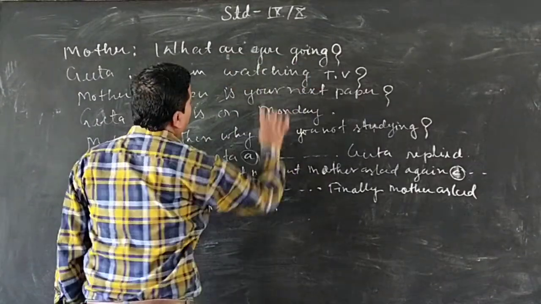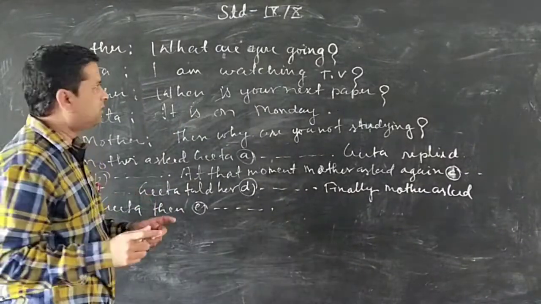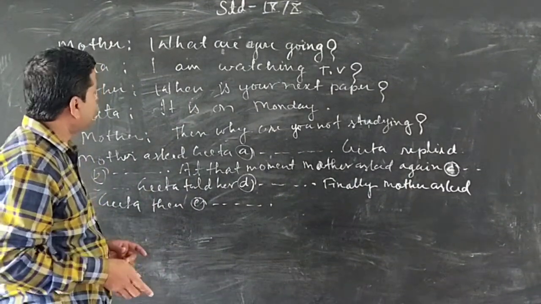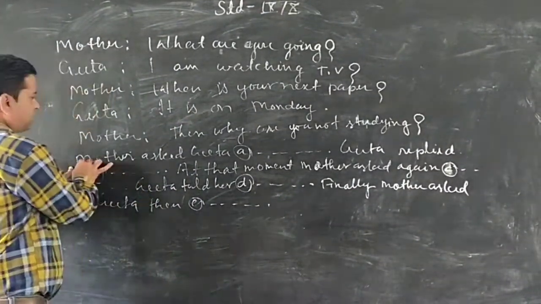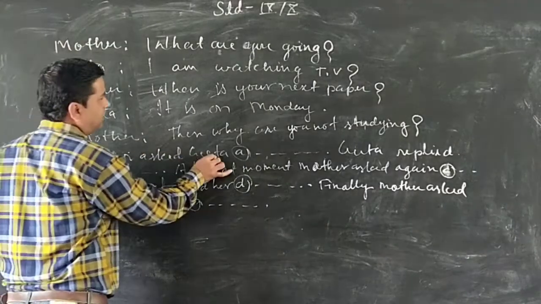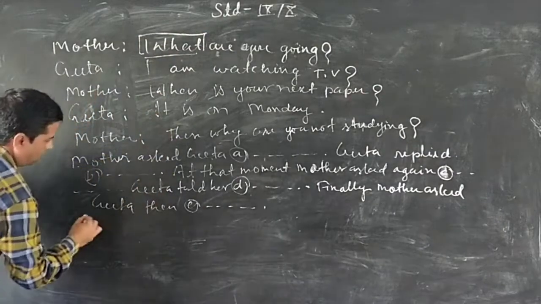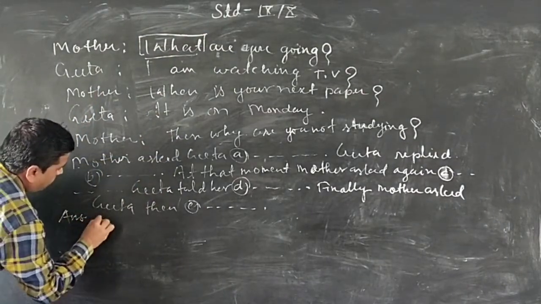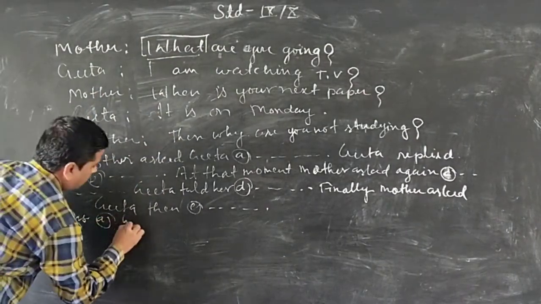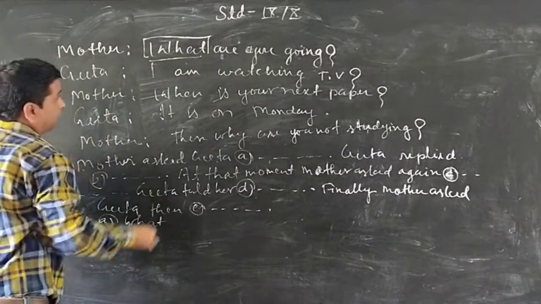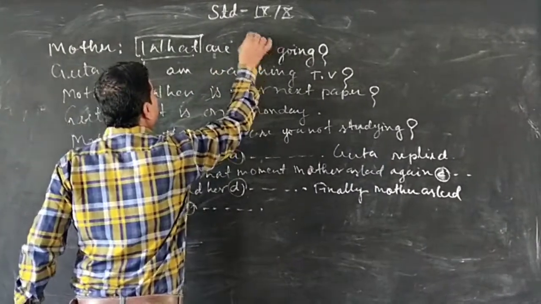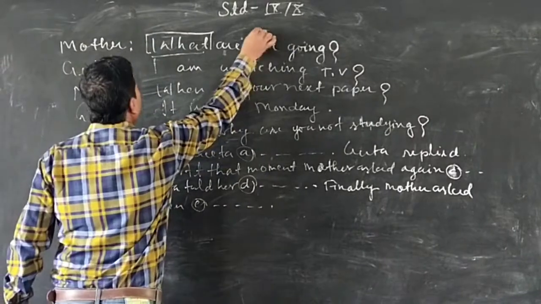The word doing is used. And you know this tense changes into past continuous tense. So your first sentence will be: mother asked Geeta. Here we will use the connector what. So you will write the answer here, a number, what, and you, which is the second person, will be converted to the object.